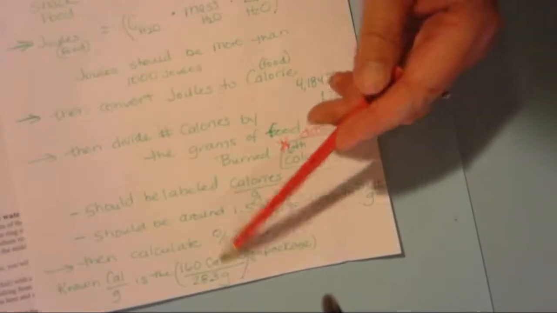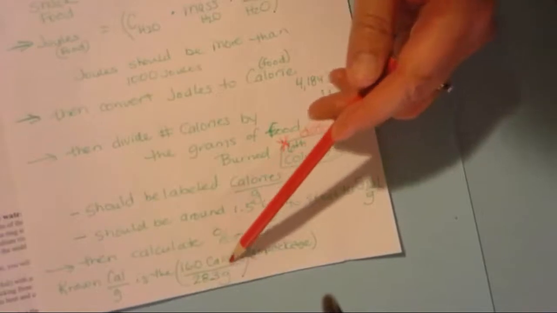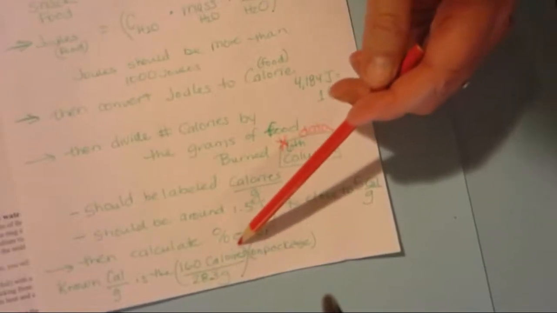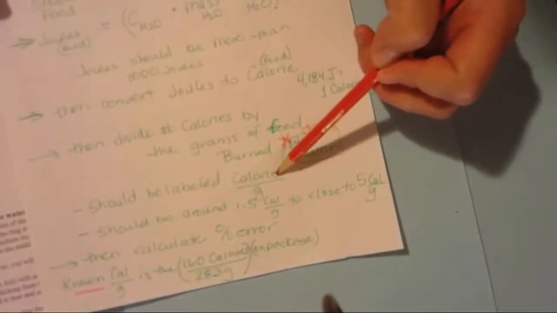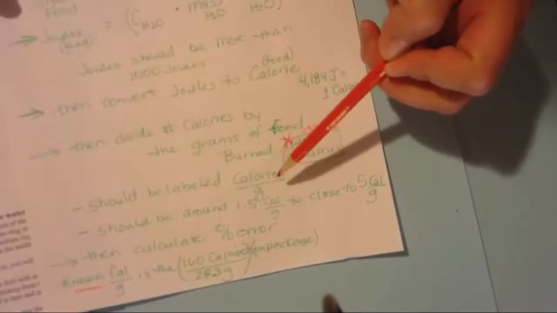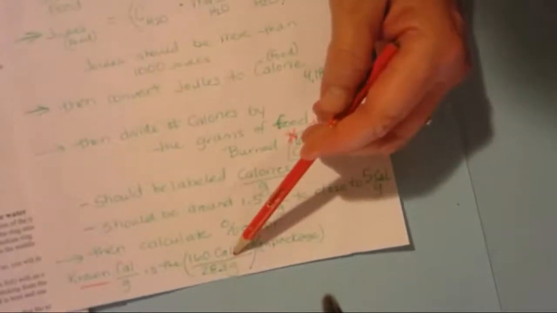So to get the known value, you're going to take 160 divided by 28.3, which is about 5.5 calories per gram. That's going to be your known answer. What you're getting yourself is your actual. So what you get in your data is actual, and the known is the numbers from the package. Okay?